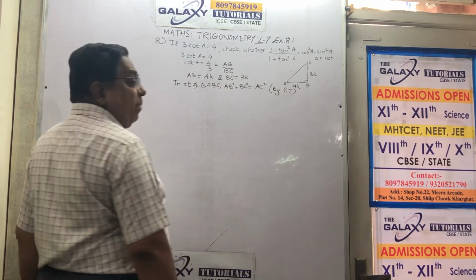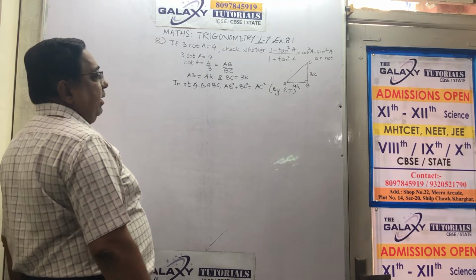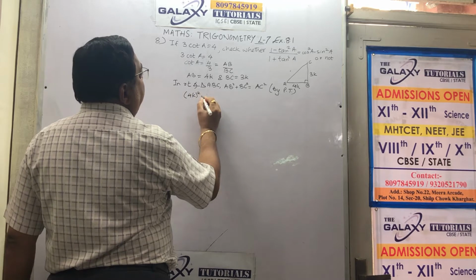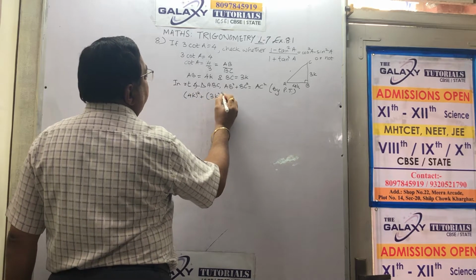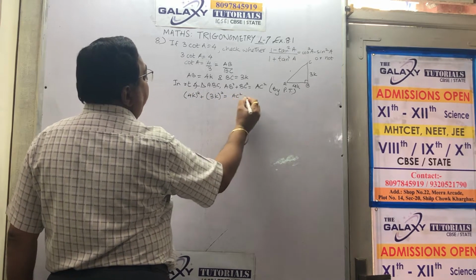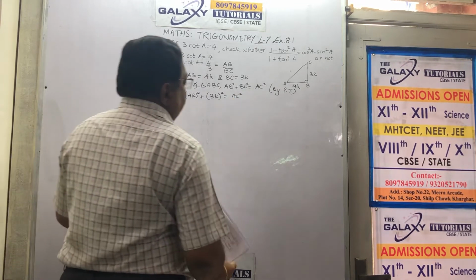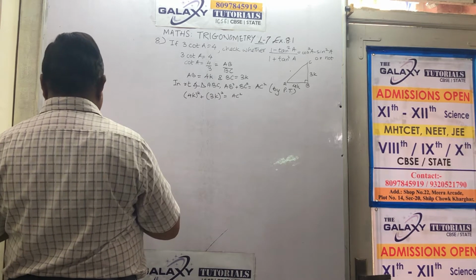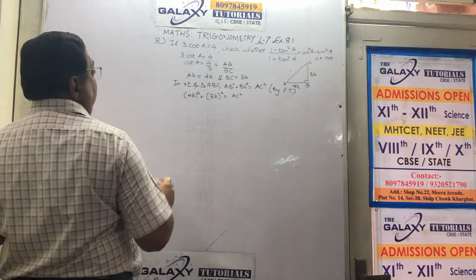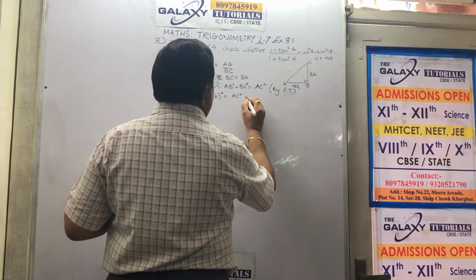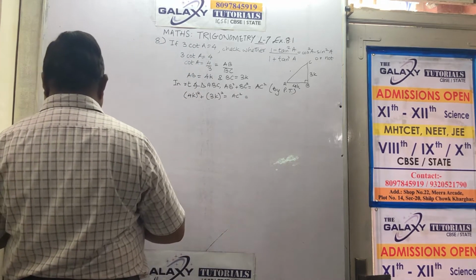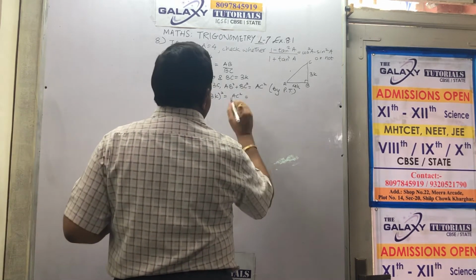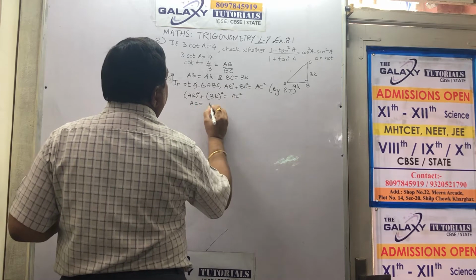Please learn the spelling of Pythagoras. Do not write short form in the exam. AB square 4K square plus BC square 3K square is AC square. Now you can see 4 square is 16, 3 square is 9, and when you solve further, AC has a value. What value you find for AC is most important. When we solve, we will find that AC will be 5K.